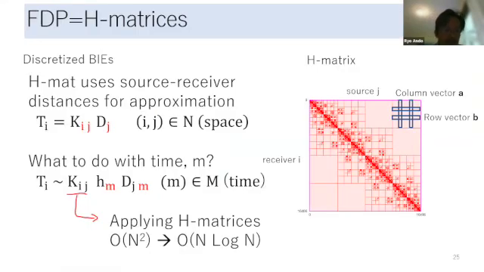Okay, so all right. Once we could separate the kernel in terms of space and time in this form, our basic idea is applying the H matrices only on this special term obtained like this.